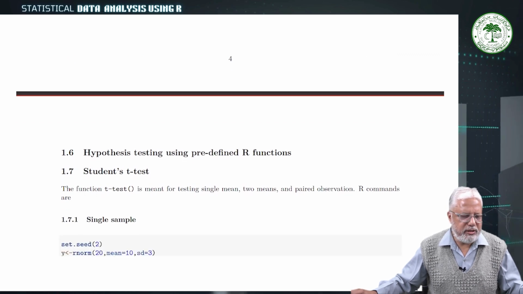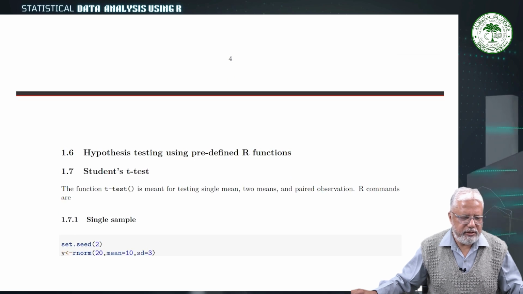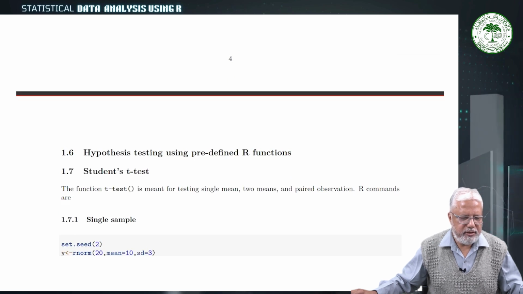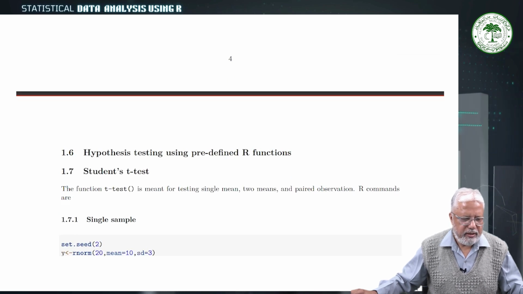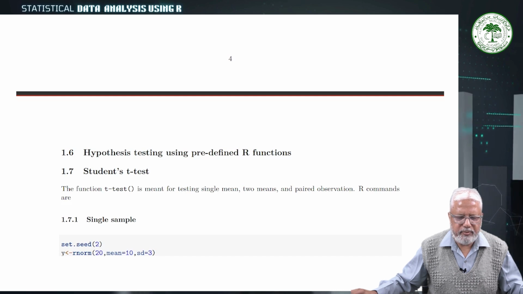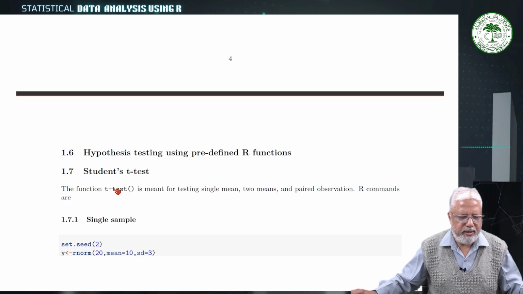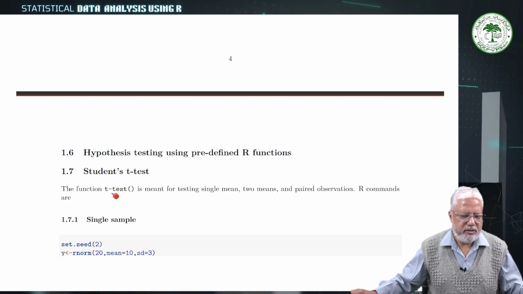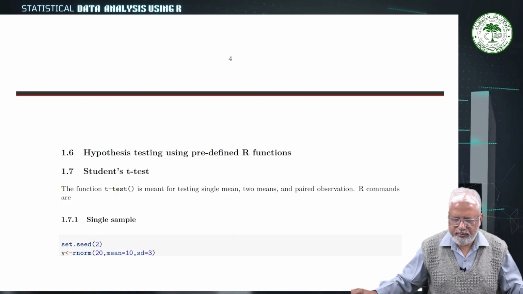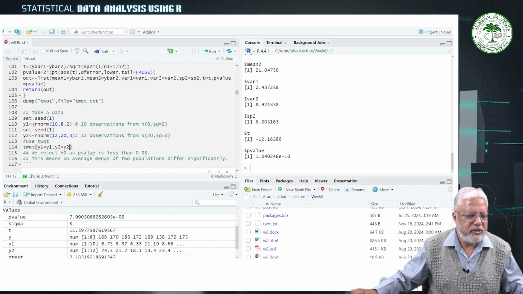See, Student's t-test, the function t dash test is meant for, it is not dash, it is t dot test. It should have been t dot test. So here I have to make these changes.